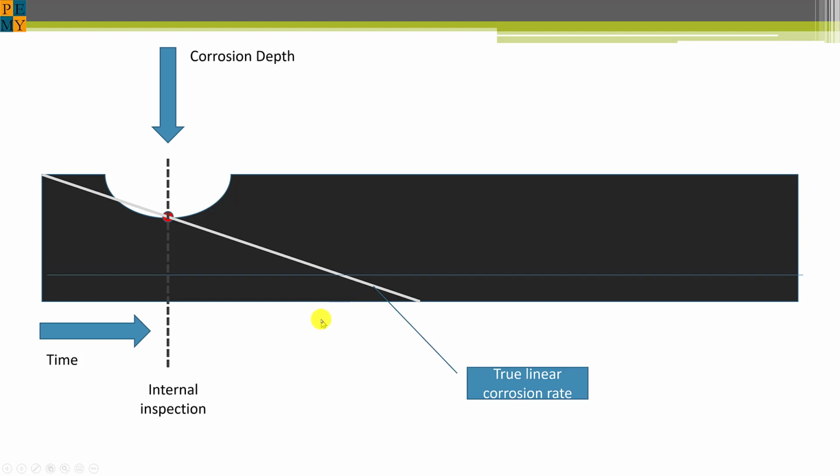Recapping what we did in the last video, you can see that the red line is really the API 653 method that bases the corrosion rate on the repair to thickness, this red dot. That is the assigned thickness such that any corrosion that exceeds this red dot is repaired.